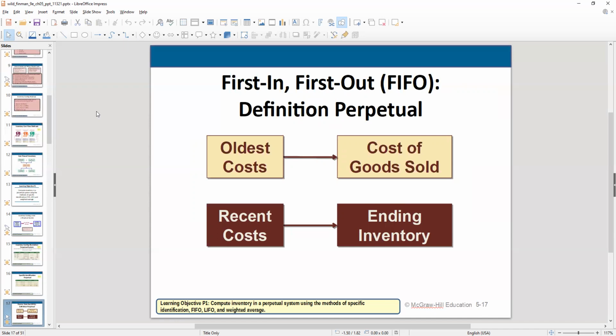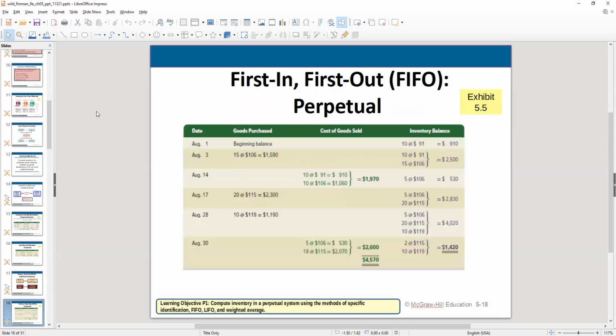There are no hard, fast rules unless you want to do LIFO, and I'll get into that specific rule later on. But under this, by recording ending inventory reflecting the most recent cost, in my mind, you're actually showing what you have left on the shelf. But that's personal. We'll get into the industry part in a minute.